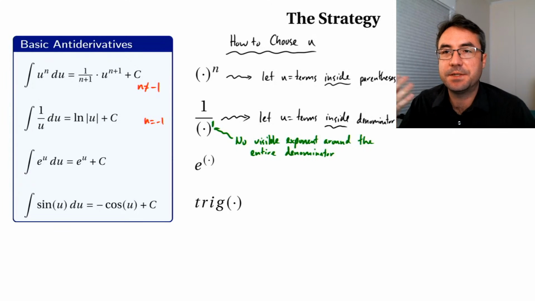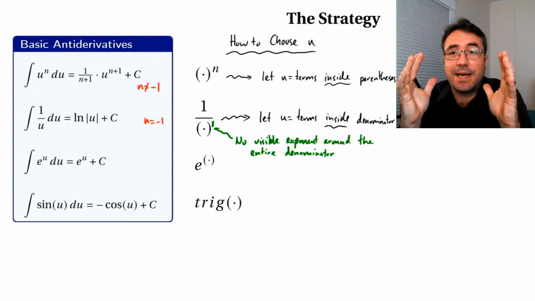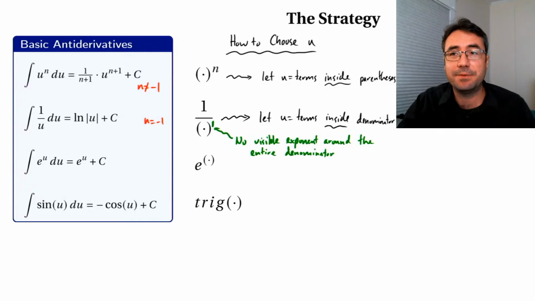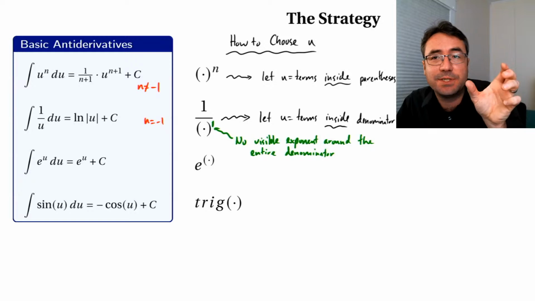If it was raised to the power 2 or raised to the power 3, then you just go back to our usual strategy. You write it as a negative exponent. And then you have something inside a power with a negative exponent, and you're back to just identifying what's inside the parentheses.